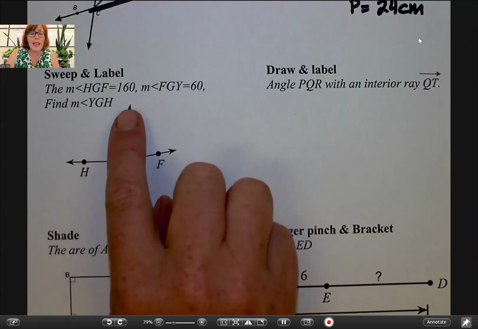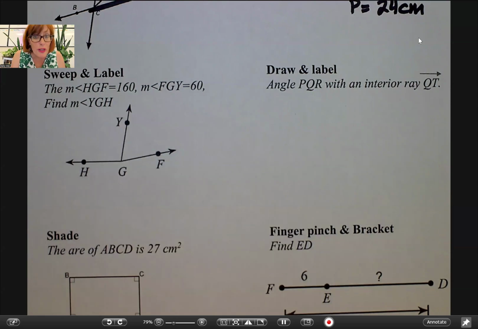Okay, sweep and label is used specifically with angles. And you're going to notice I'm going to have some colors. When you do angles, having multiple colors is actually extremely helpful. The reason is our brain comprehends colors at a younger age than we comprehend numbers.